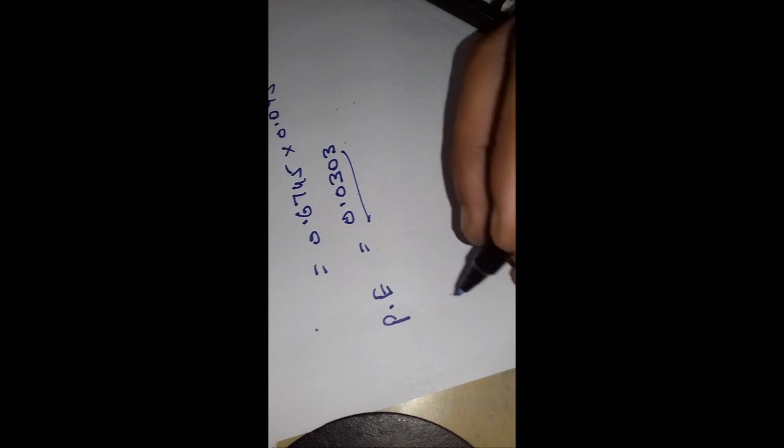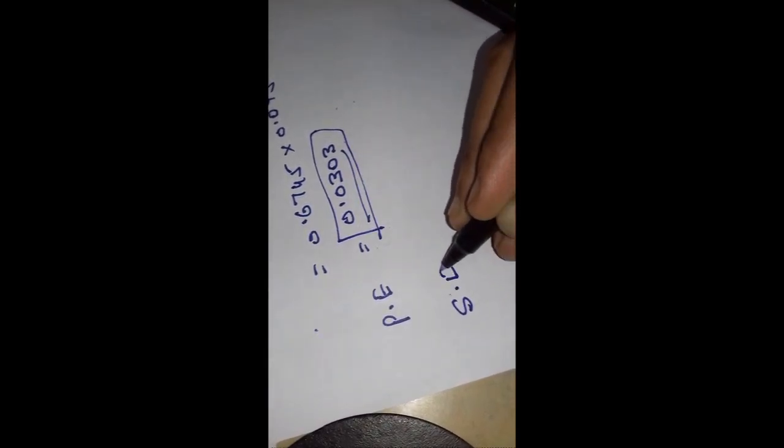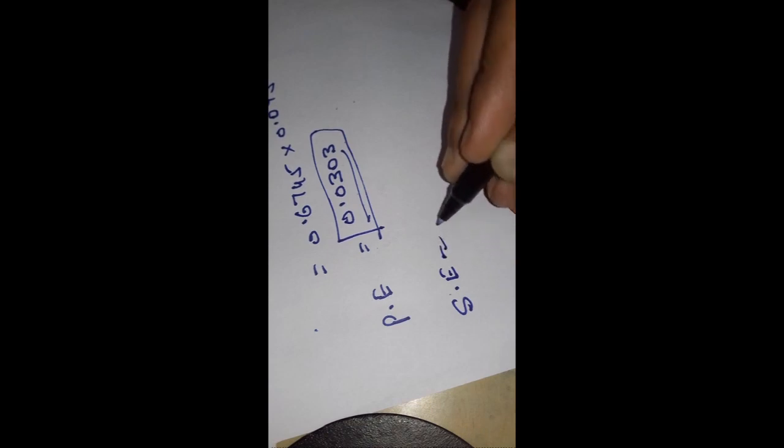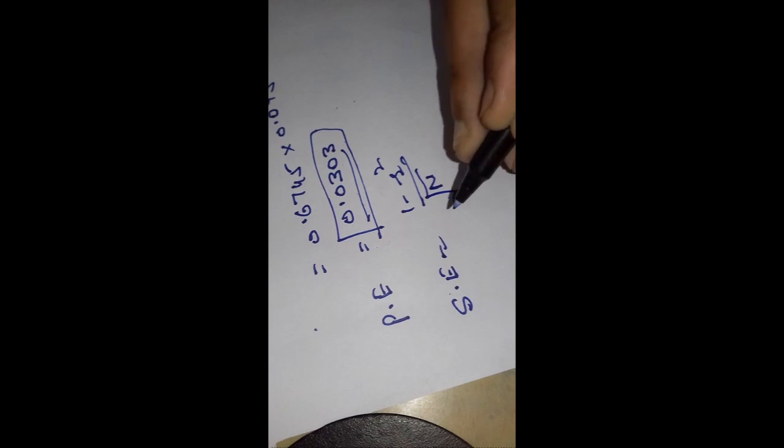Simultaneously we can get the standard error as well. So what was the formula of standard error? It was (1 minus r squared) divided by the square root of n.